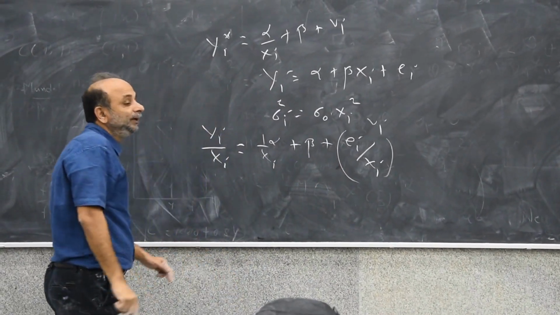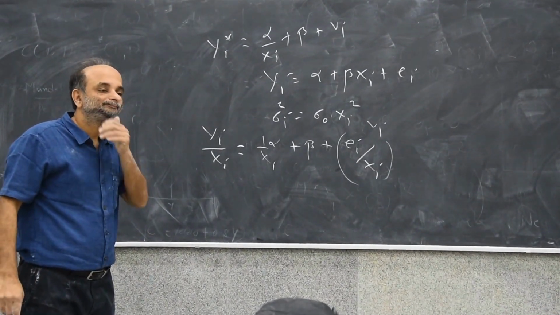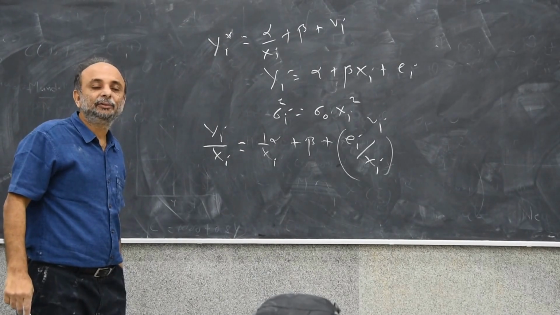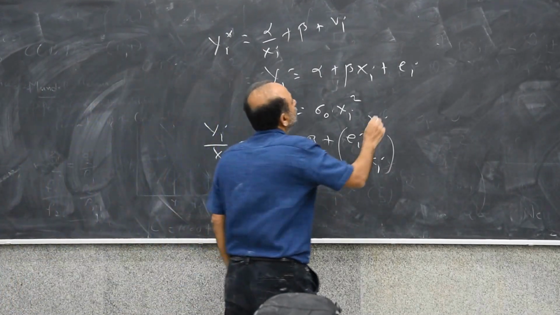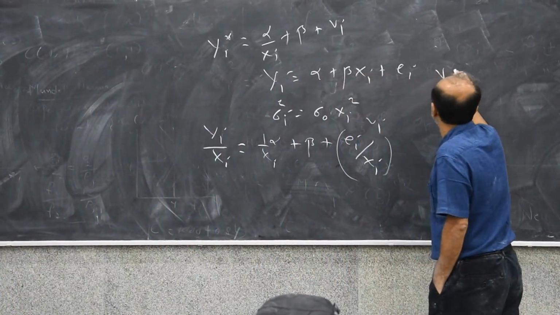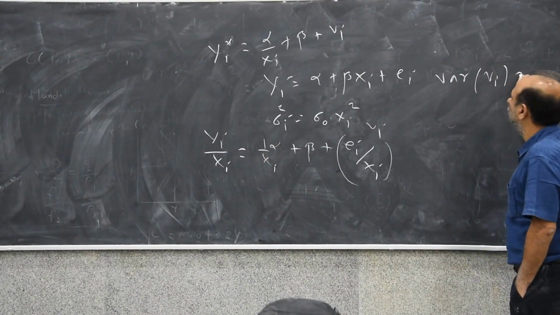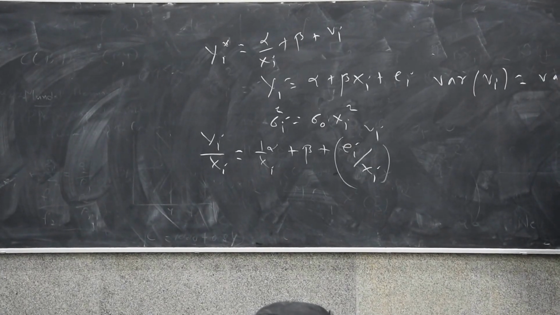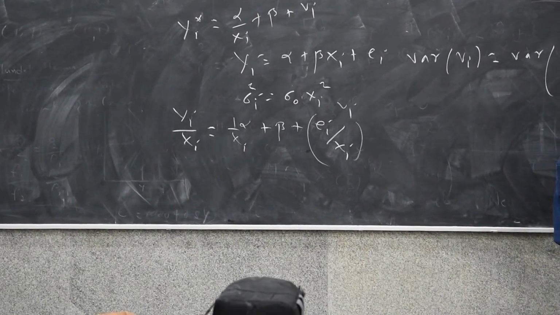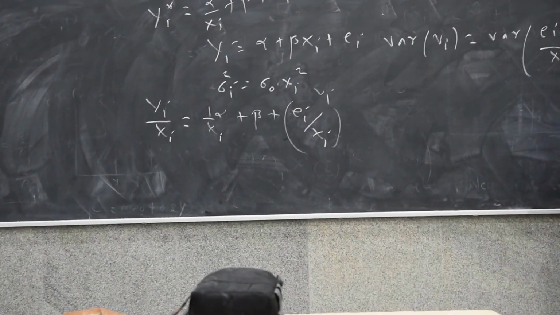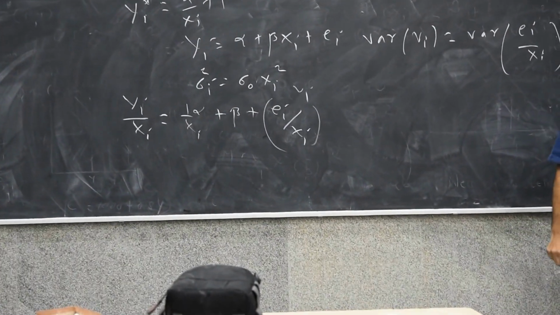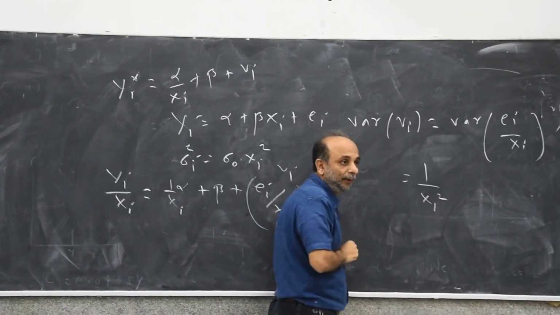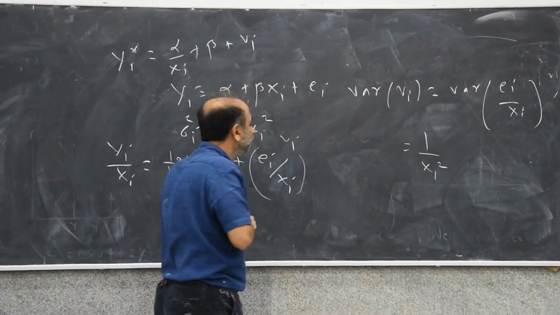What is the variance of Vi now? What do you think is the variance of Vi? Variance of ei upon xi, which will be 1 upon xi square, variance of ei.